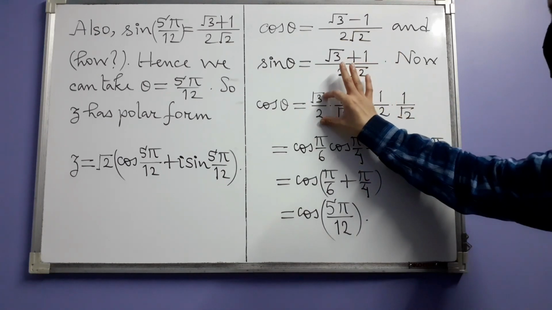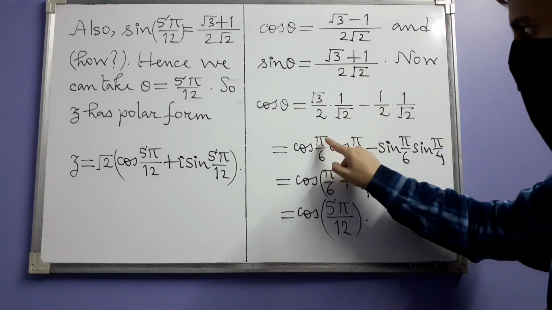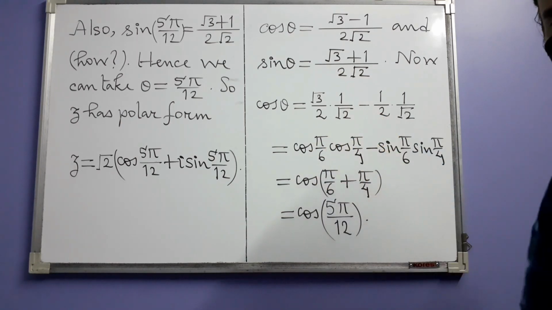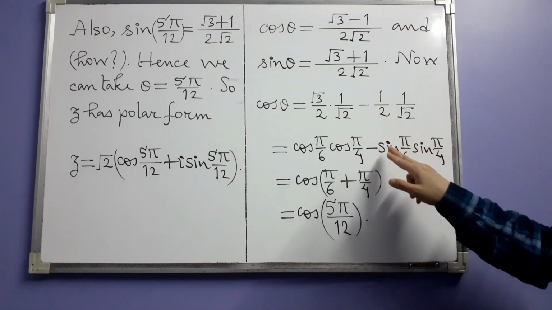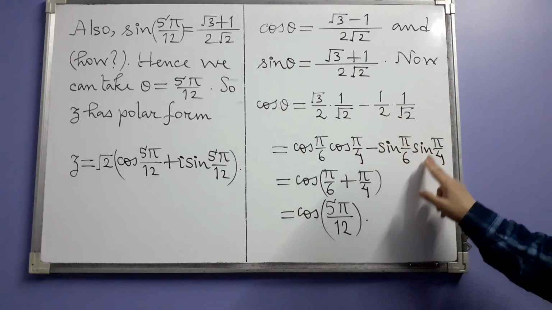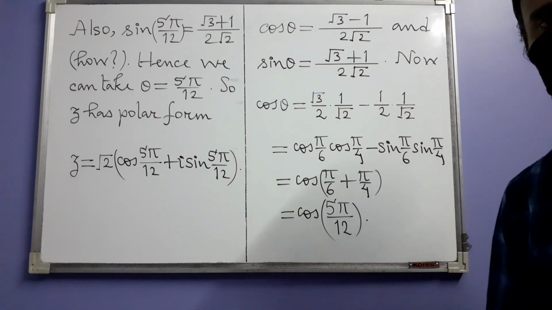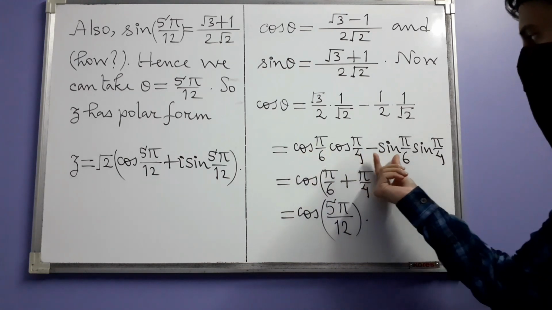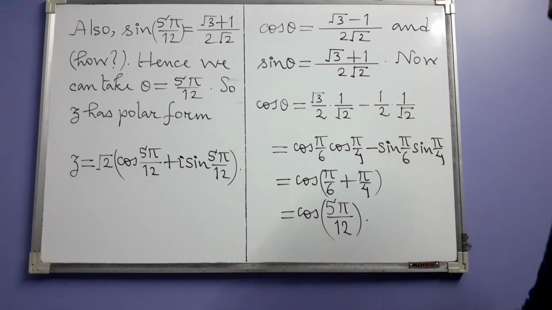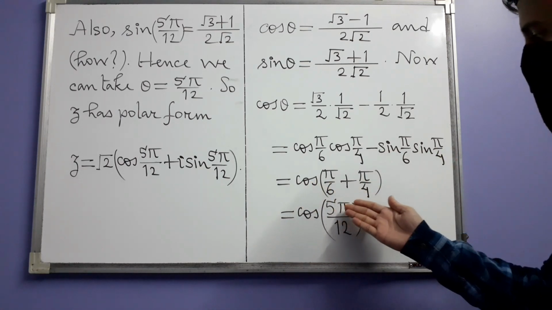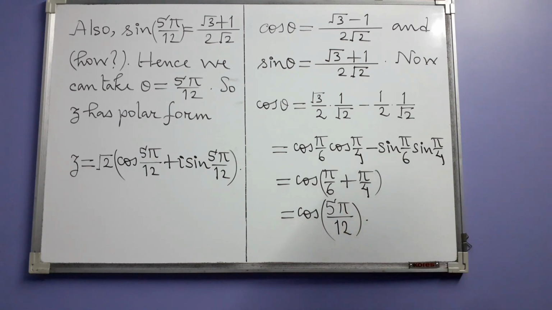Now note that root 3 over 2 is cos pi over 6 and 1 over root 2 is cos pi over 4. Similarly, sine of pi over 6 is 1 over 2 and sine of pi over 4 is also 1 over root 2. So now you recognize this form cos A cos B minus sin A sin B. That is the cosine of A plus B. And this turns out to be 5 pi over 12.